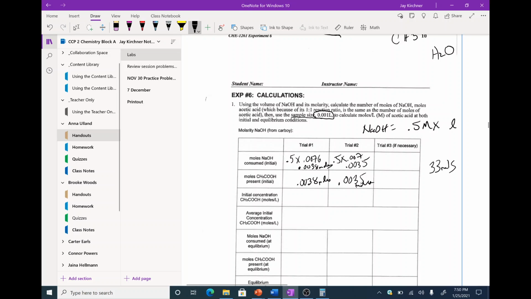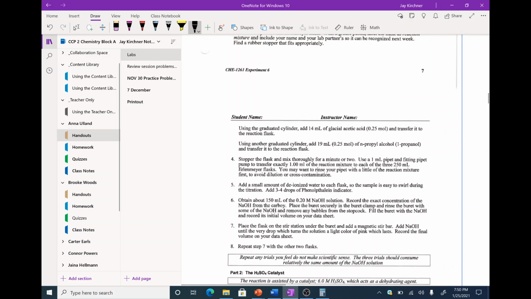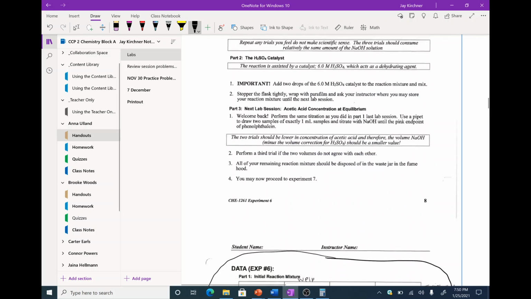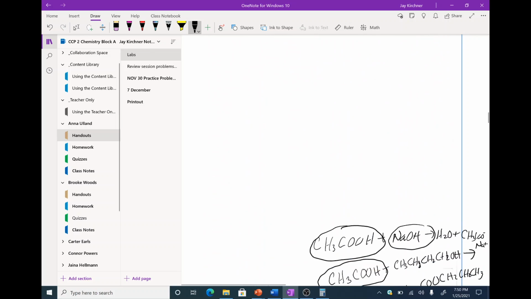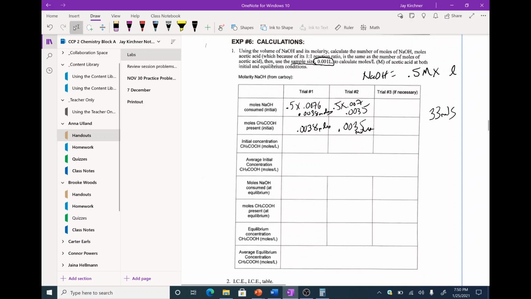Let me show you where we got that. We only titrated 1 mil of our thing. Over here, our reaction was 14 mils of this plus 19 mils of that. So we had 33 mils. So in essence, we have to multiply this number of moles, because this is moles per, actually, let's put a per 0.001.